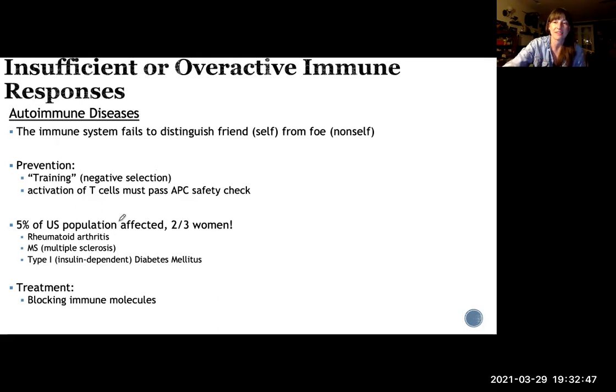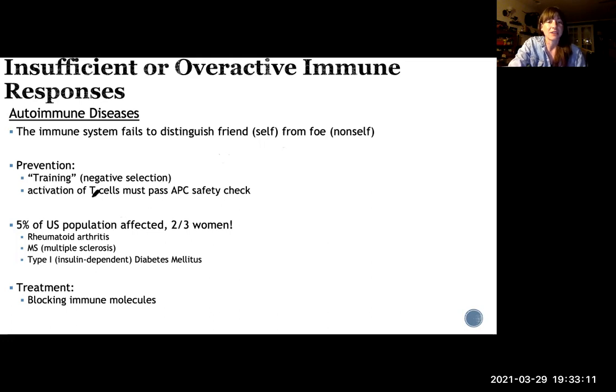So if a T lymphocyte in training fails that training test, remember it gets apoptosis. If it fails to recognize MHCs, then it's going to be eliminated, ideally.